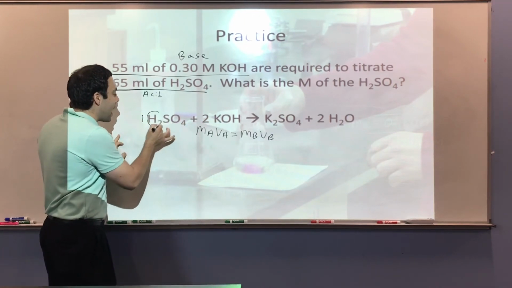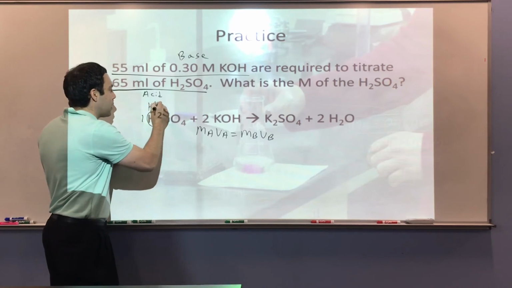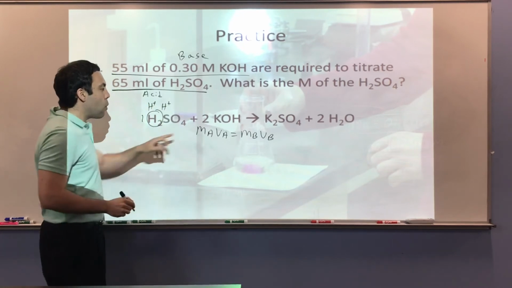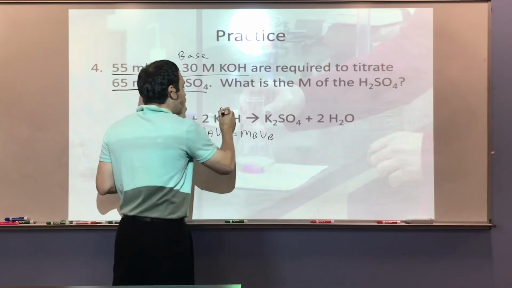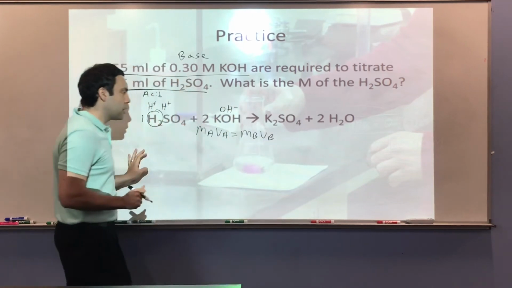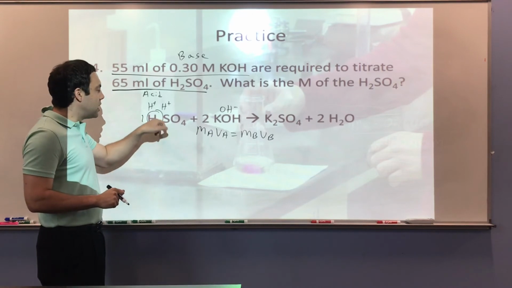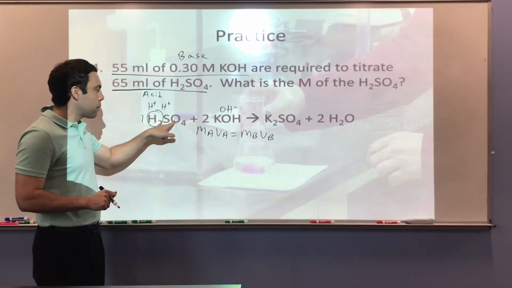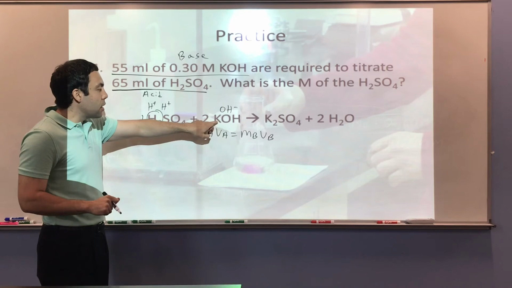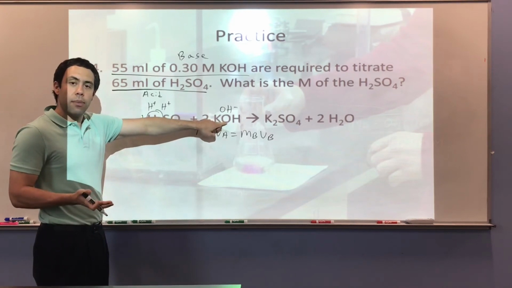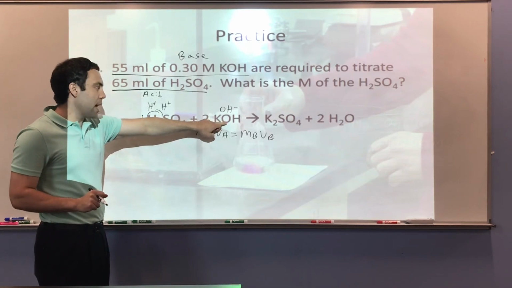H2SO4, there's 2 H's here, H plus, whereas KOH, it's only 1 OH minus. So the H2SO4 is doubly as strong an acid than KOH's, potassium hydroxide, is as a base.